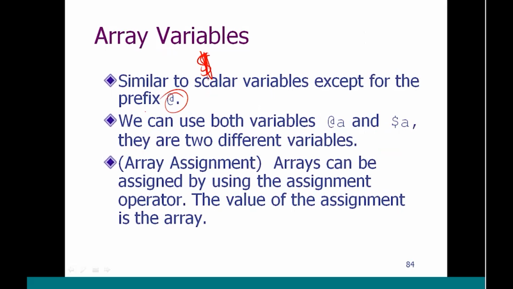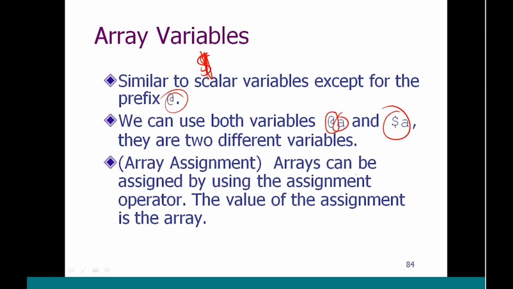Since they have a different prefix compared to a scalar variable, we can have the same name, but you can treat them as two different variables. For example, @a and $a are two different variables. Each will have its own value, so it's not dependent on one value or the other. Okay, so that is one thing.